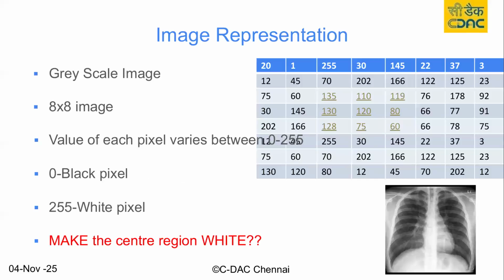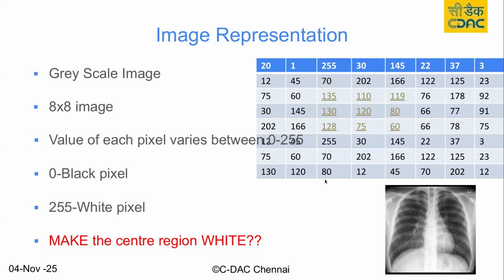If you are very new to computer vision, you might want to understand how the image is represented by the computer. Generally an image is represented in the form of a matrix. This kind of image will generally be a 256 cross 256 matrix. Right now, for ease of representation, I'm using an 8 cross 8 matrix.